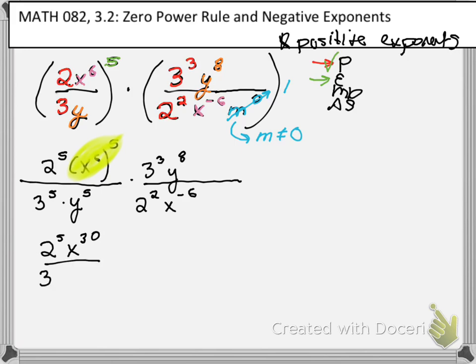Now at this point, I'd like to point out that many students would be inclined, since we have, for example, 2 to the 5th power, 3 to the 3rd power, to evaluate that using a calculator. I am going to suggest that you hold off on evaluating these numbers until the very end.